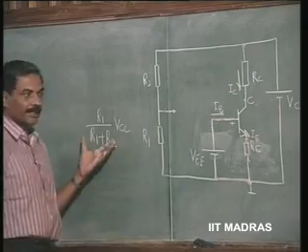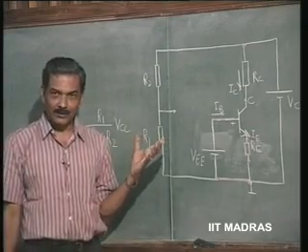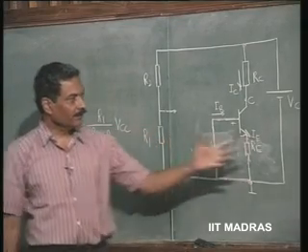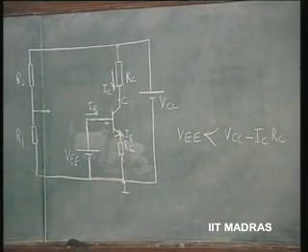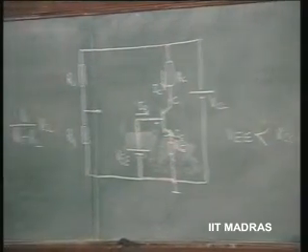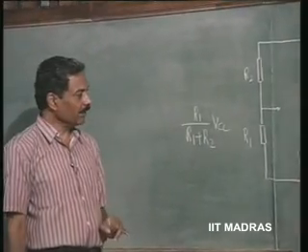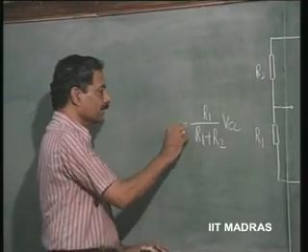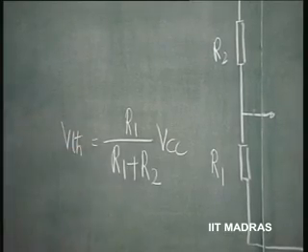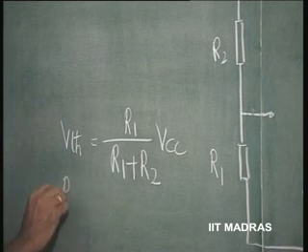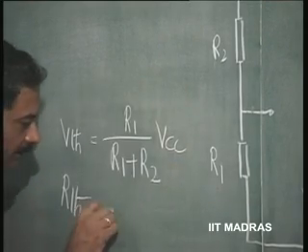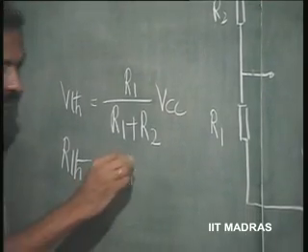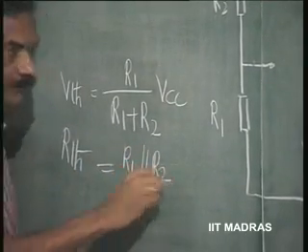So, I can get any voltage which is still positive and less than VCC minus ICRC by appropriately selecting R1 and R2. But the only trouble is, this is the Thevenin's voltage here, but there is also a Thevenin's resistance in series with this Thevenin's voltage the moment I use R1 and R2, which is equal to R1 parallel R2.